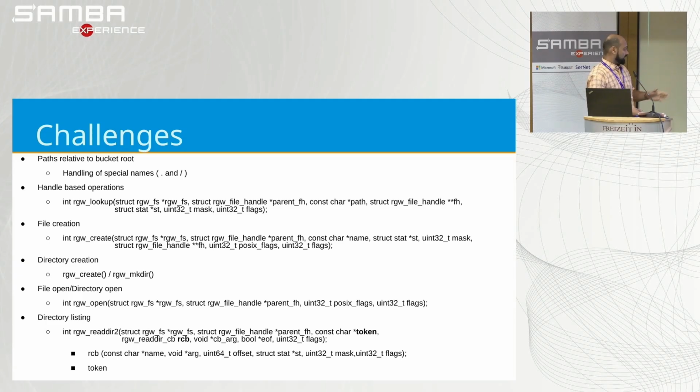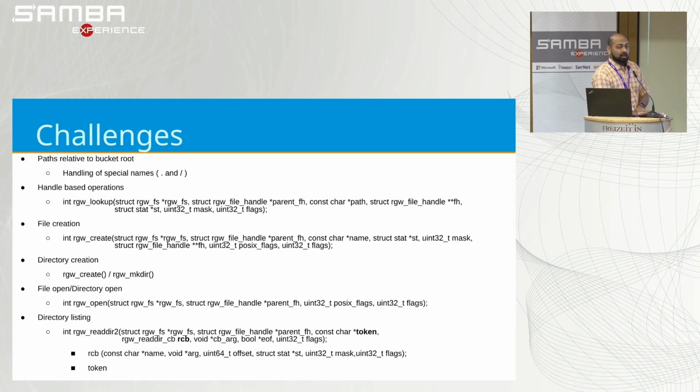And the most interesting challenge that we face till now is directory listing, and it's a bit tricky to use. As we could see here, in the API itself, there are two important things. One is that it's callback based, and the other is that it's token based. It's driven using a token as well as the return value of the callback.